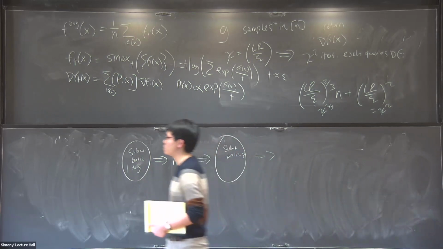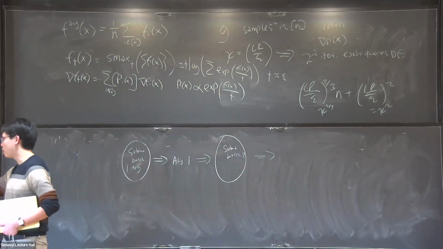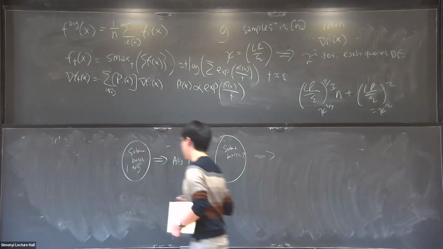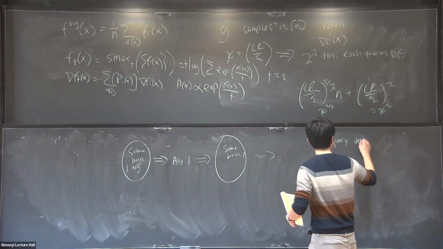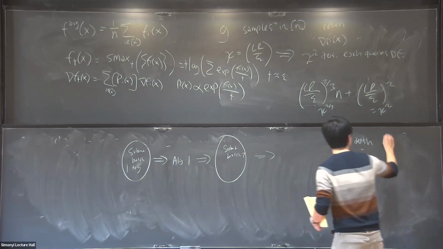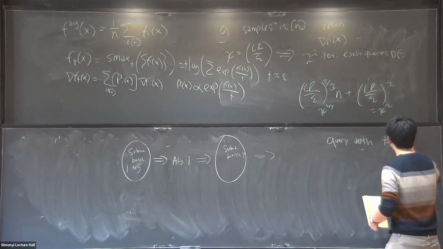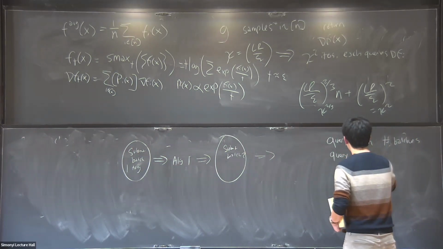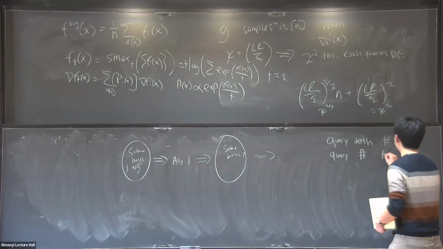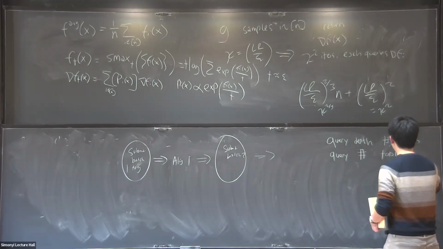So formally the problem is, in this parallel model, we want to understand the query depth. This is the number of batches. We also want to understand the query number, the total number of calls, right?